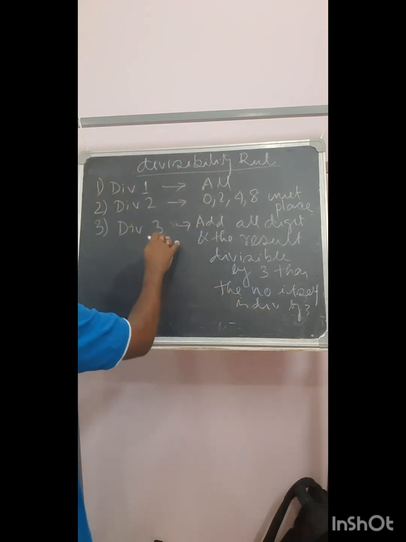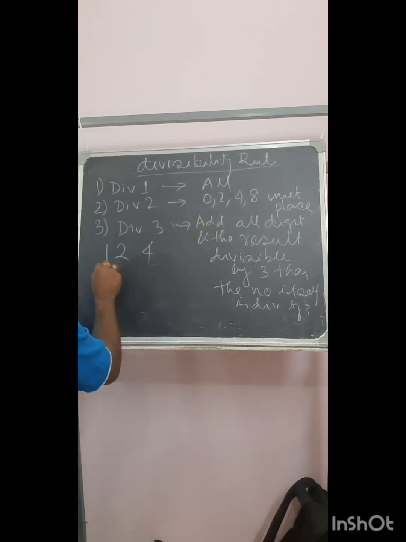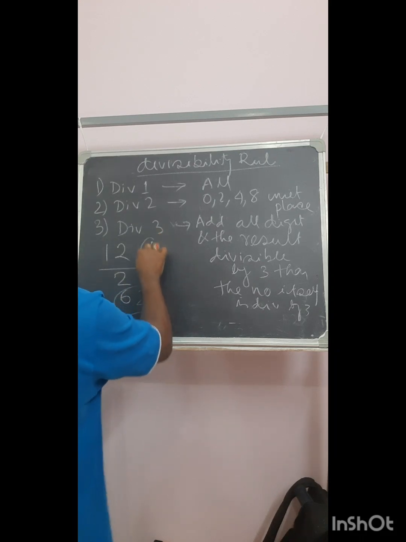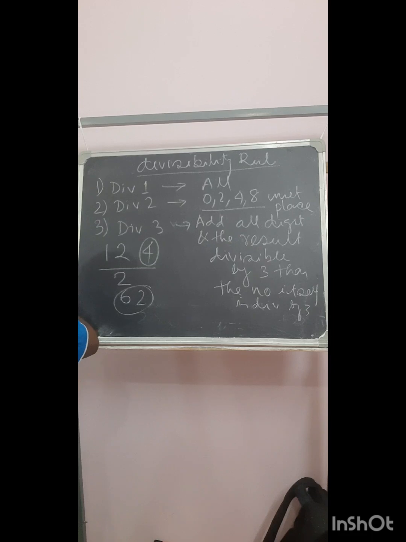So for these two cases I will take some examples. Let's say I have 124. So in 124 I get 4 at the last place. So if I divide it by 2, it will give you an integer value. That means it is completely divisible by 2. So seeing the last digit, I can say this is divisible by 2.